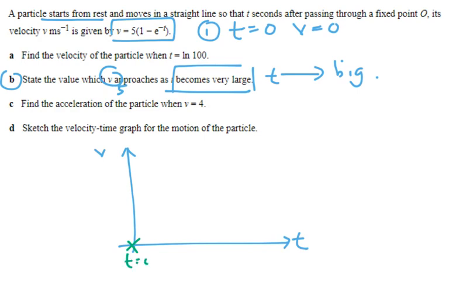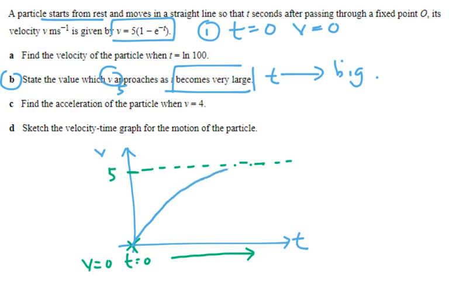When t is equivalent to 0, v is equivalent to 0 as well. And then when t is getting bigger and bigger, the value of v will be at most 5. Hence, this particular line will be your maximum line. So when you are sketching, from (0, 0), it moves up towards the maximum of 5. Alright, that's your graph.